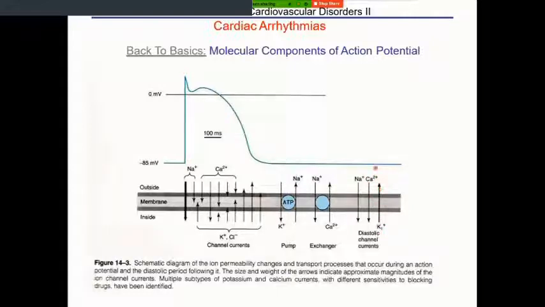These are all due to differences in concentration between the ions from outside the membrane and inside the membrane, and these are baseline flow of ions. However, the important mechanisms that are usually associated with arrhythmias will be problems with this pump and this exchanger.